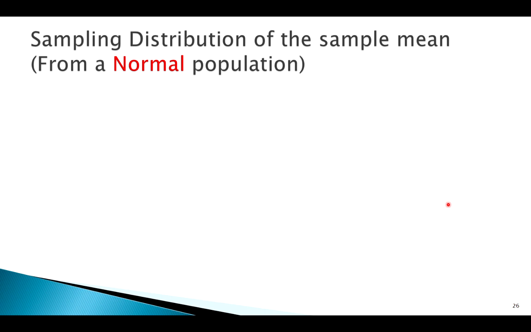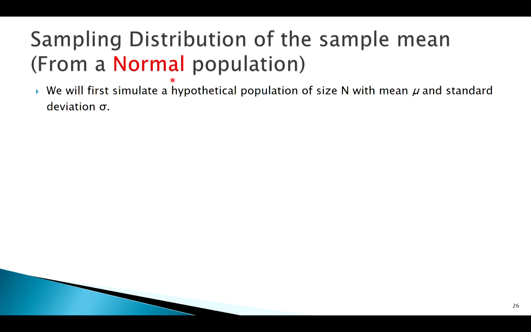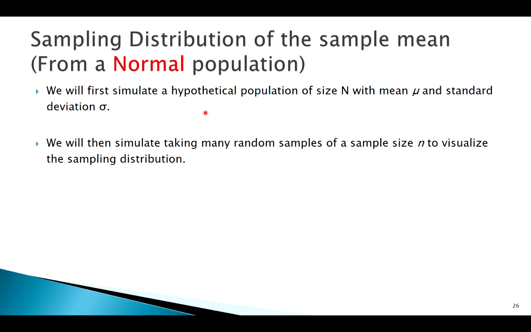So let's simulate building a hypothetical sampling distribution. The key here is we're sampling from a normal population. I'm going to simulate this hypothetical normal population. Capital N denotes our population size, the mean is mu, standard deviation sigma.